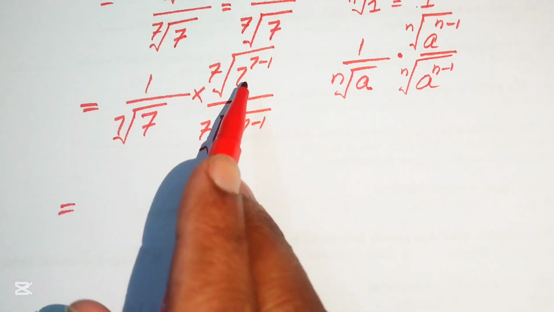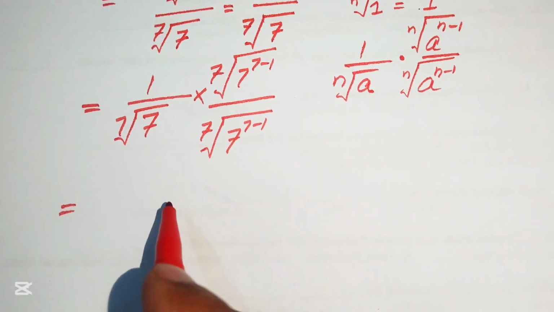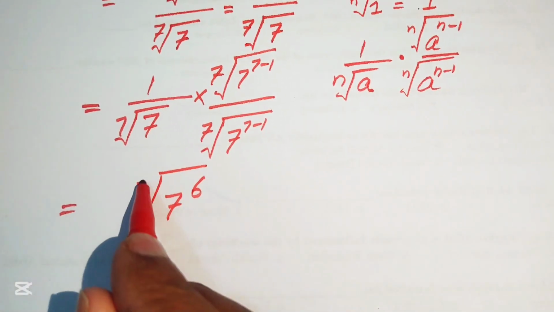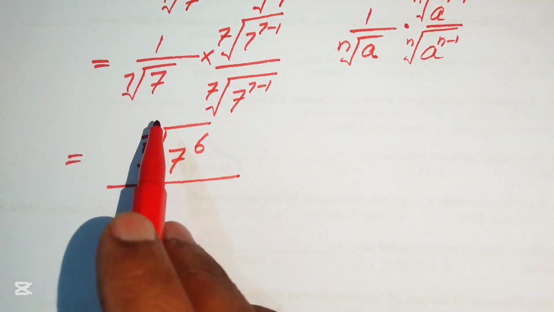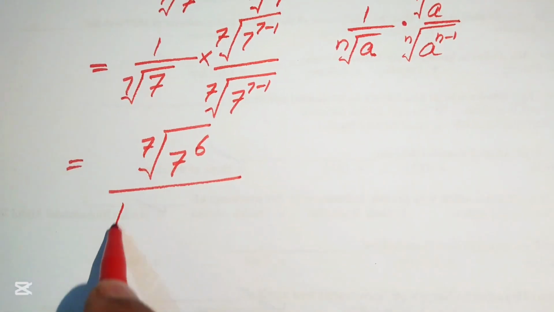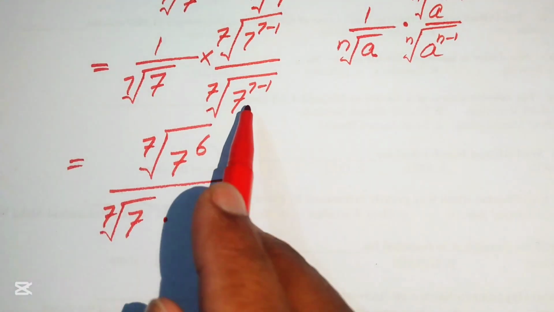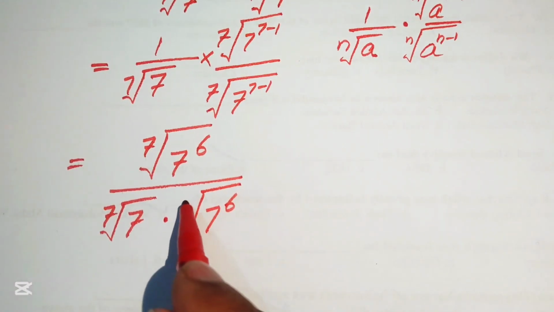We multiply 1 by this term, and 7 to the power of 7 minus 1 is written as 7 to the power of 6, its 7th root, divided by the 7th root of 7 multiplied by 7 to the power of 6, its 7th root.